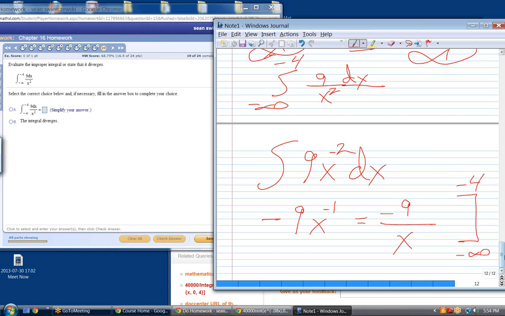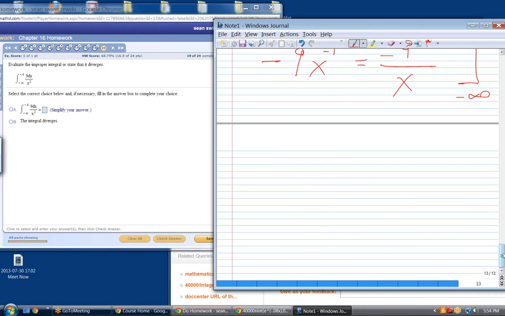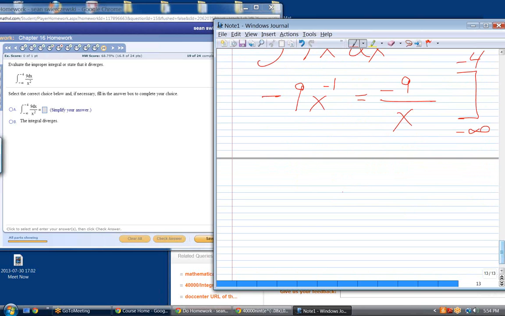Well, when I put in negative infinity, so we got two things. This is what it's going to be at negative infinity. This is what it's going to be at negative 4, and I'm going to subtract them.